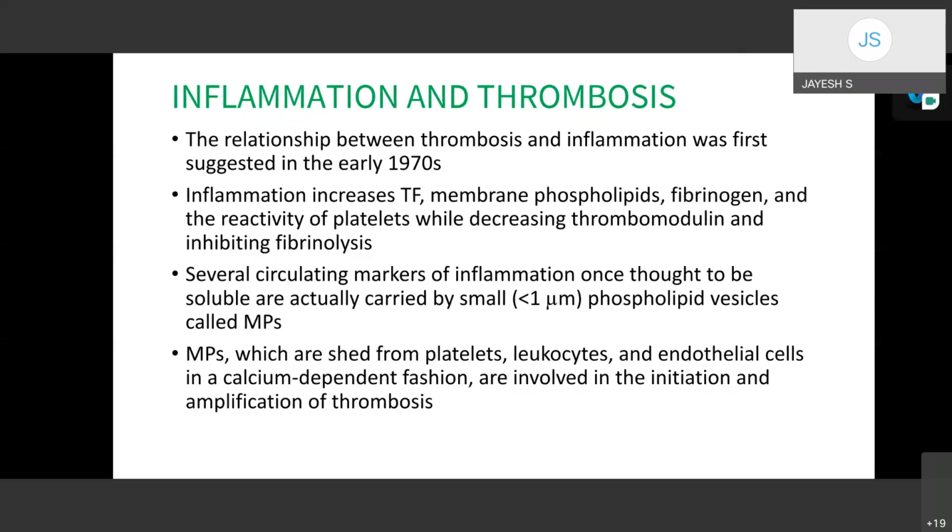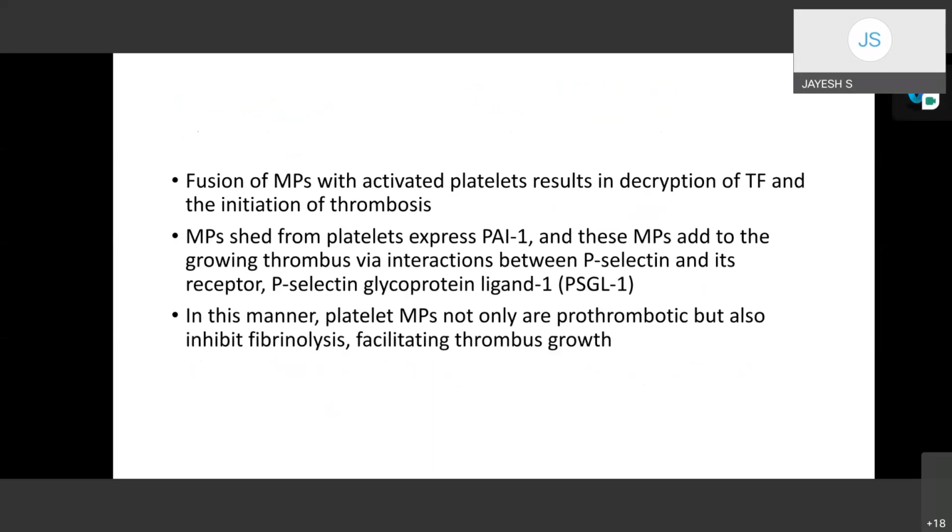The markers of inflammation were once thought to be soluble, but now it is found that they are actually carried by small phospholipid vesicles less than 1 micrometer, which are called microparticles. Different cells shed microparticles, including platelets, leukocytes, and endothelial cells, through a calcium-dependent pathway, and that itself will initiate and amplify thrombosis.